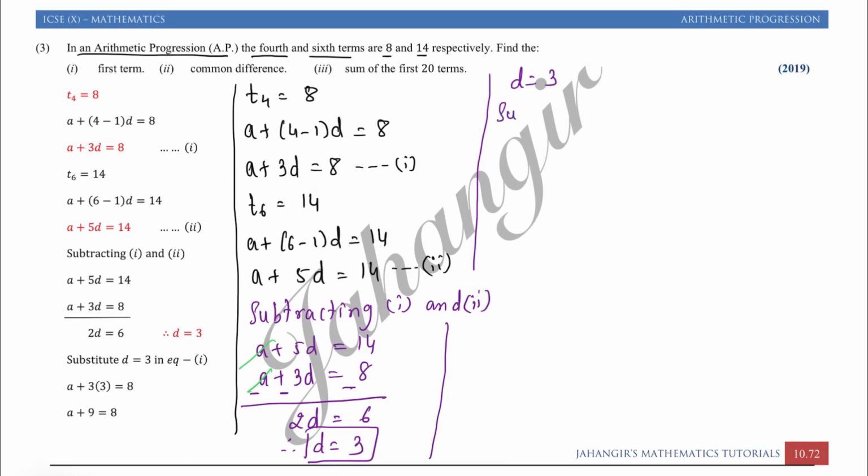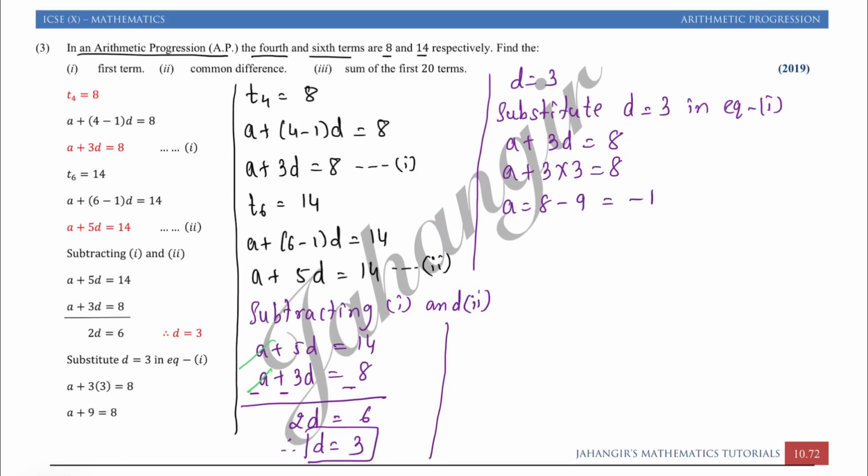Now we will substitute d is equal to 3 in equation 1. So equation 1, as we see, is a plus 3d is equal to 8. A plus 3 into 3, that is 8. So what we will get? A is equal to 8 minus 9, which is equal to minus 1.